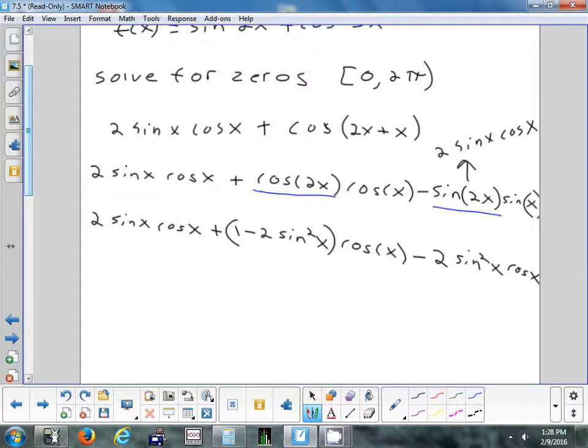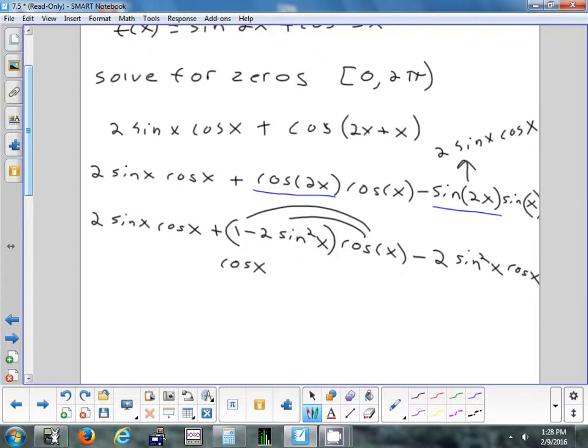Now, the only thing I'm going to do in this next step is that. What I think I'm going to do, let me just write out what that would be below it, rather than rewriting the whole thing again. And then you'll see what happens. You would get cosine x. Now watch what happens here.